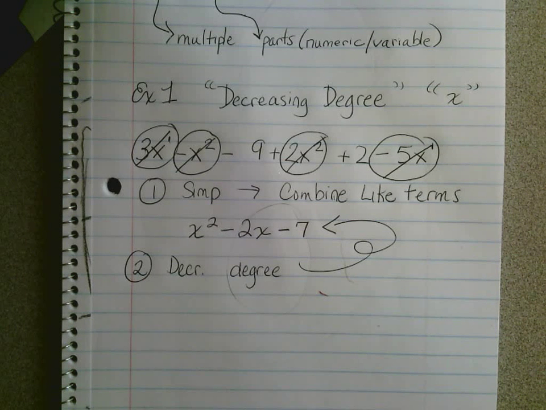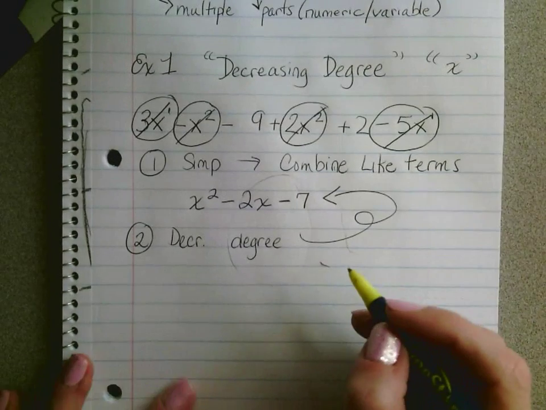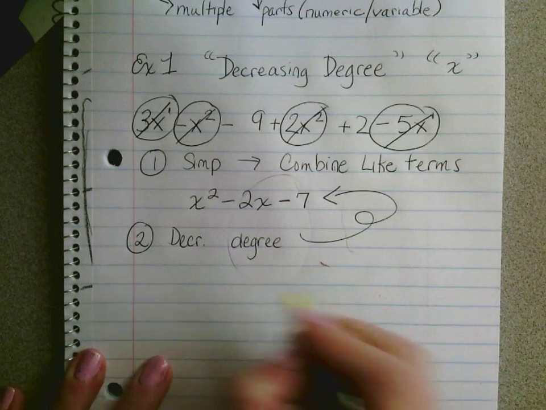I want to show you another one that has multiple variables in it so that you can understand what I mean by decreasing degree and choosing the first letter within alphabetical order. So here's the next one I want to do. It's very similar.